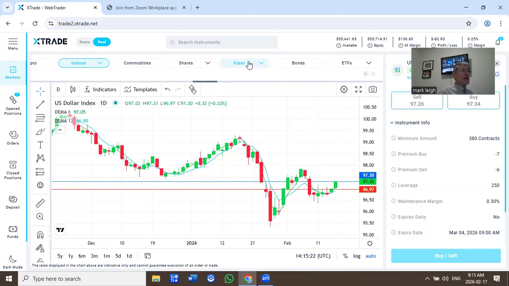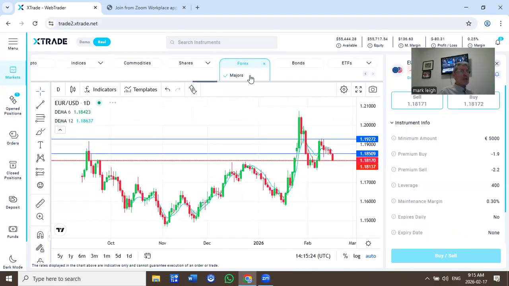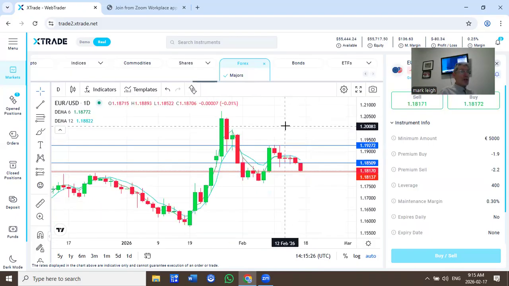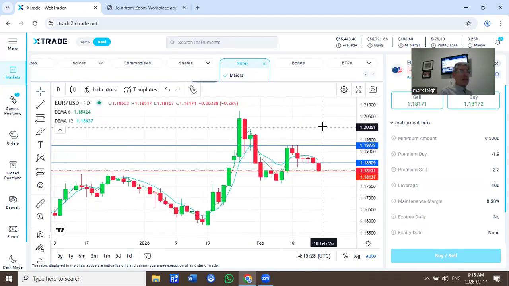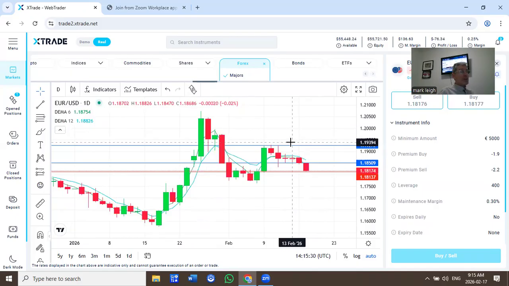Let's have a look at the majors, starting on the Euro US. There you can see US strengthening against the euro for the sixth consecutive day and testing support right now. I've got resistance at 118.50. I've got support at 118.13. Selling euro, buying US dollars.